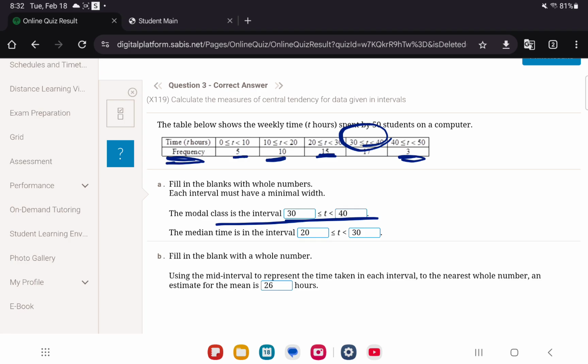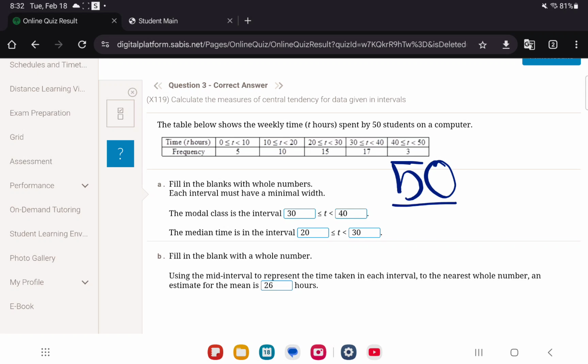And then the median time, we have 50 students, and we know that for the median, you just take the total number and divide by 2. Here you get 25. What did I say?